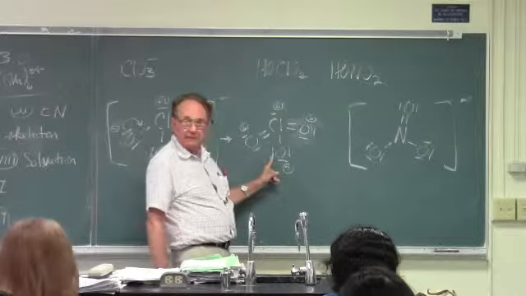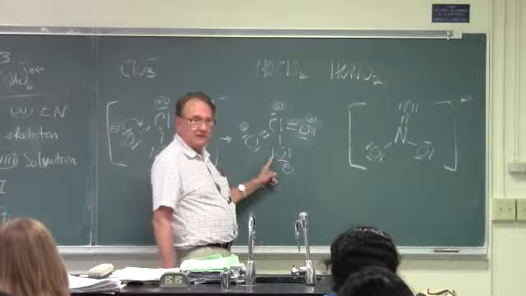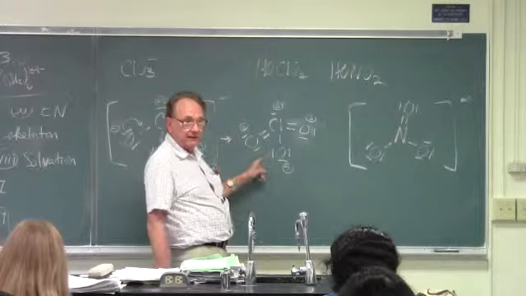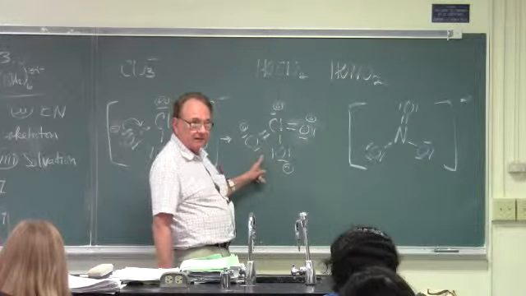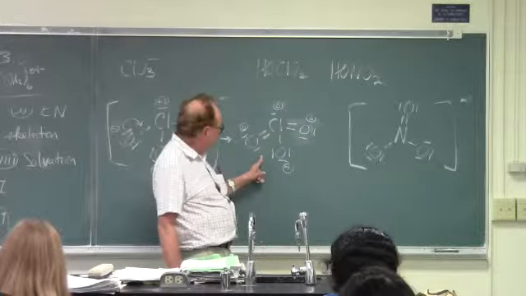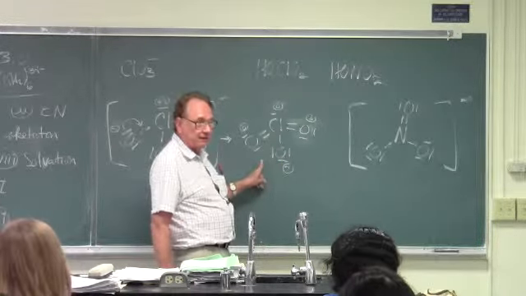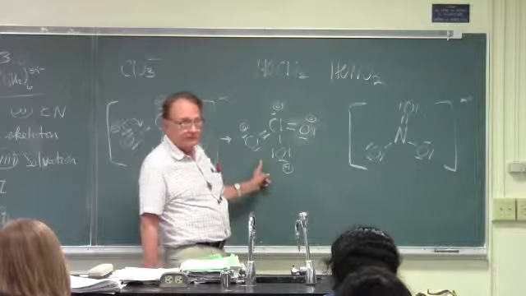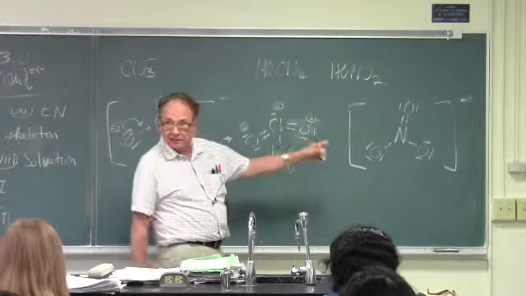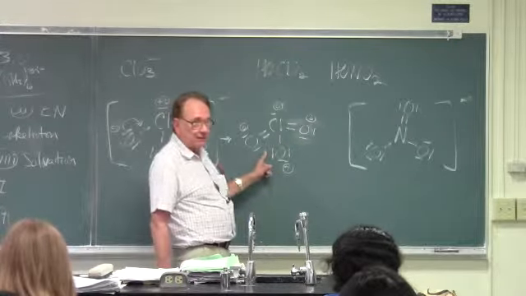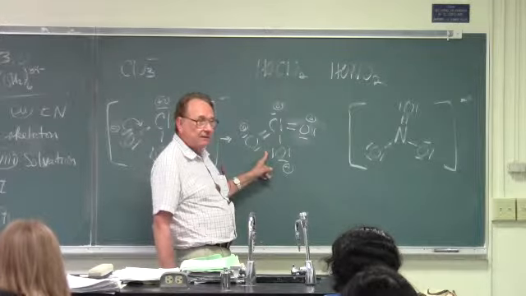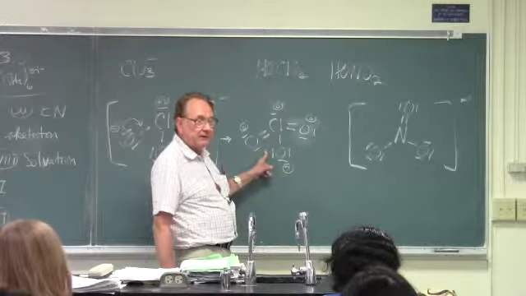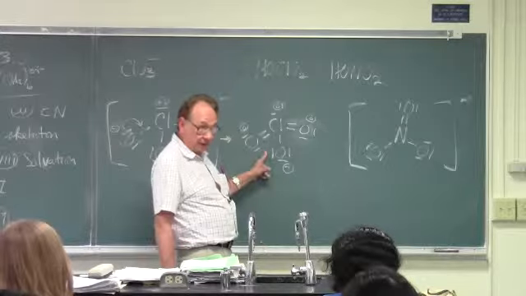And this ion compares how size-wise to this ion? How will this compare size-wise to this ion? Will it be exactly the same size? Is chlorine exactly the same size as nitrogen? How does chlorine and nitrogen compare? Nitrogen is larger. Which one's bigger? Nitrogen. Bigger than chlorine?